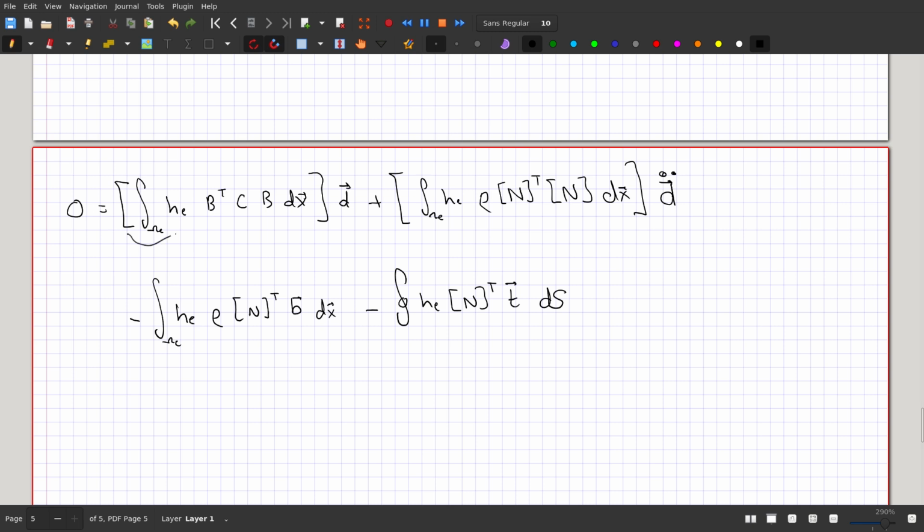So this is what we call the element stiffness matrix. This is called the mass matrix. This is F. This is Q.